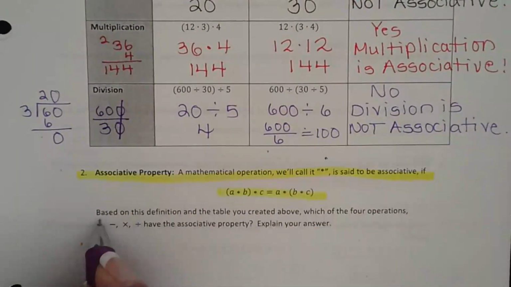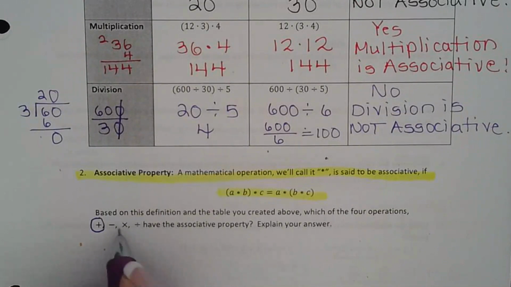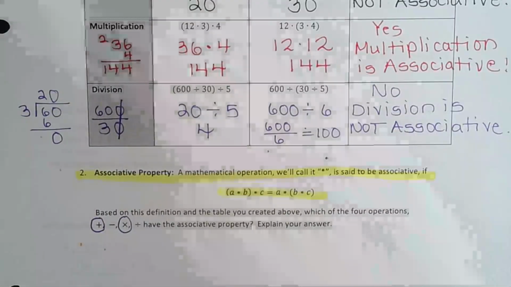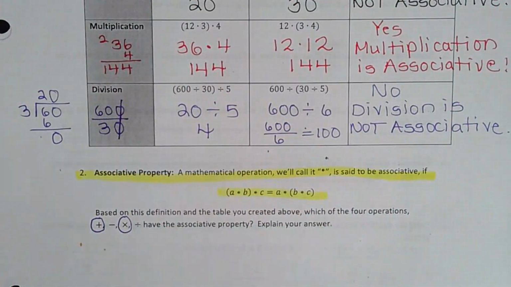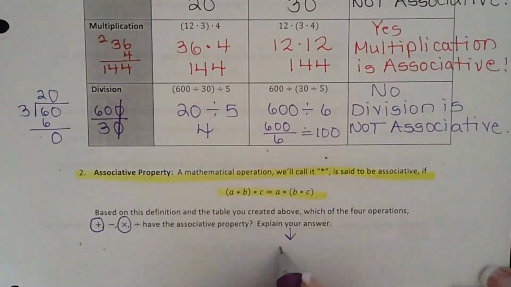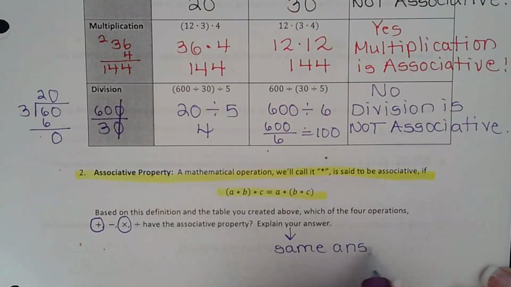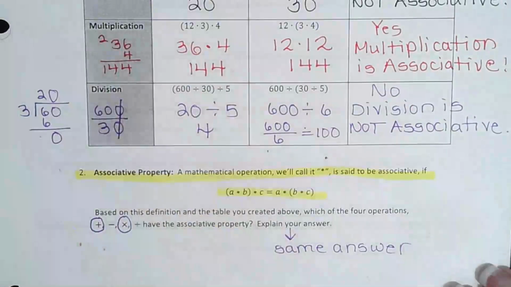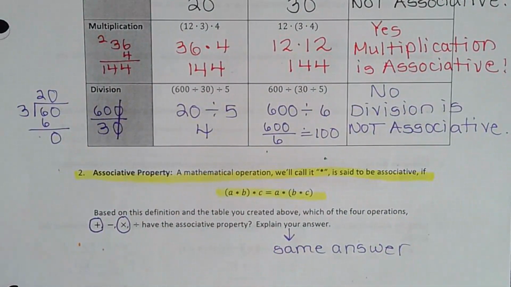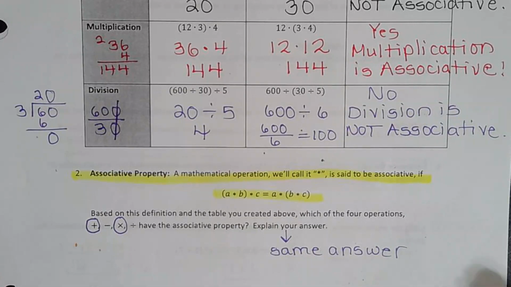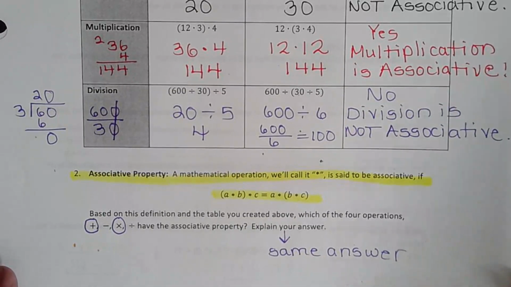And we said that was addition and multiplication. And explain your answer, same answer. So as long as we get the same answer when we change the parentheses, that means they are associative.